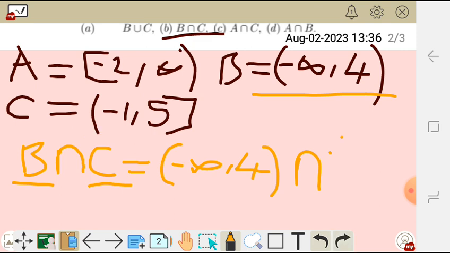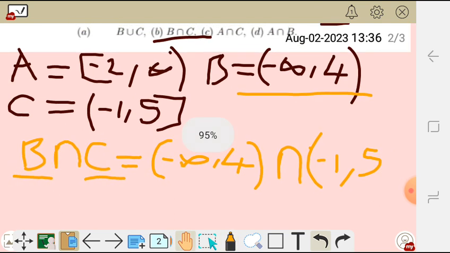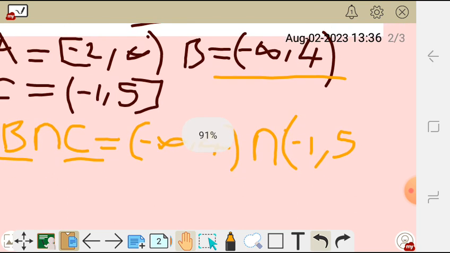Okay, so we're going to write it this side, -1, then comma 5, then we have used a square bracket this side. Why? Because 5 was included. So this will be equal to, so here we have intersection set.